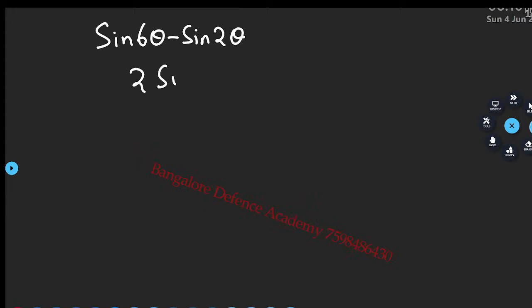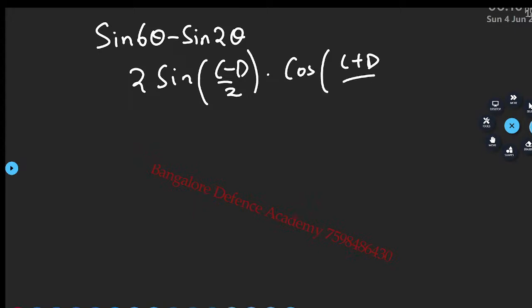So you are going to use this formula, 2 sine((C−D)/2) and then cos((C+D)/2), correct? Using this formula, what is the answer you are getting?